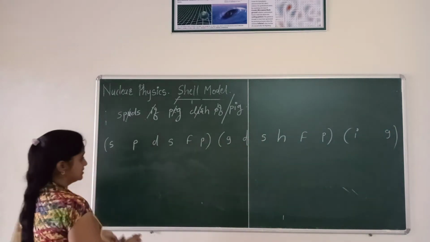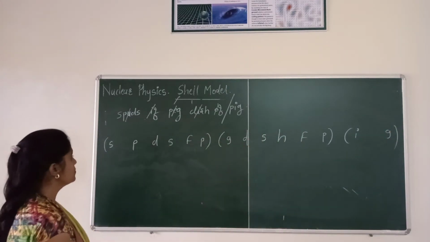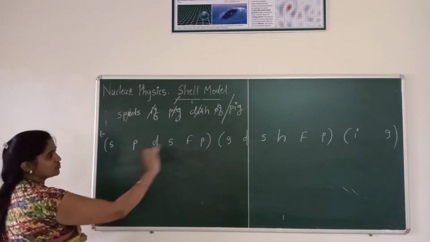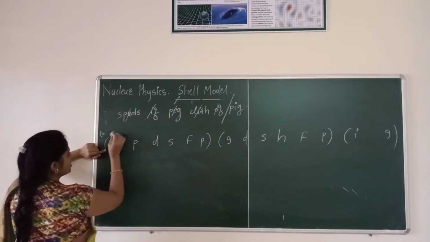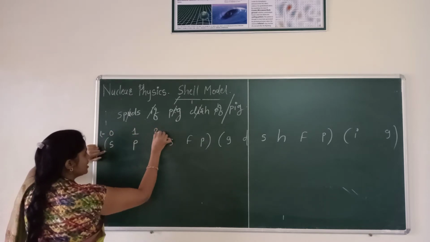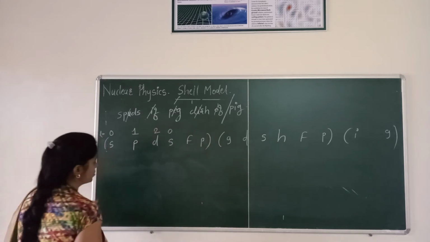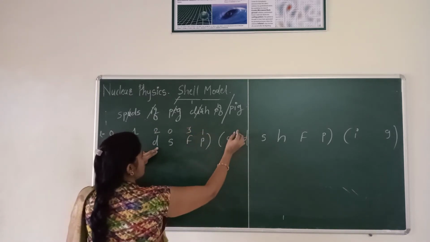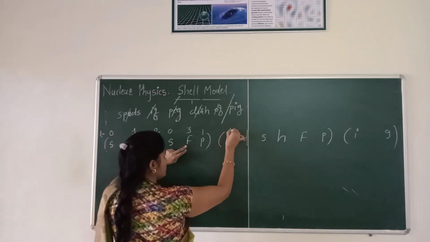Now see what I am going to write. Write the L value for all of these. What is the L value for S? 0. For P, 1. For D, 2. For S, 0. For F, 3. For P, 1. For G, 4.